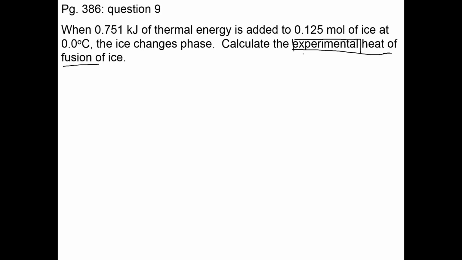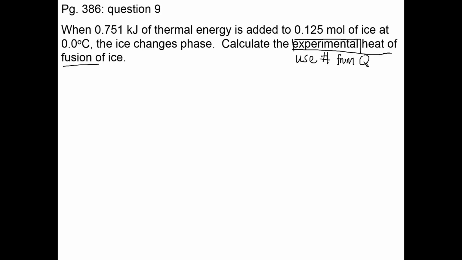Experimental means use the data provided in the question. So you cannot say, oh, the heat of fusion of ice, I know that's blah, blah, blah. You can't do that because that's not experimental. Everything we talked about is theoretical.